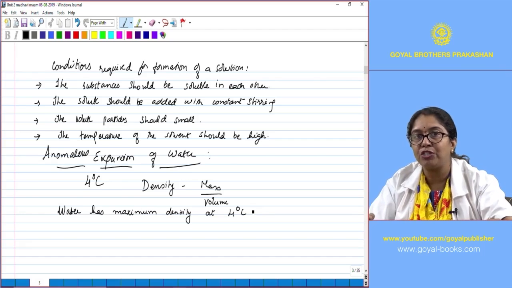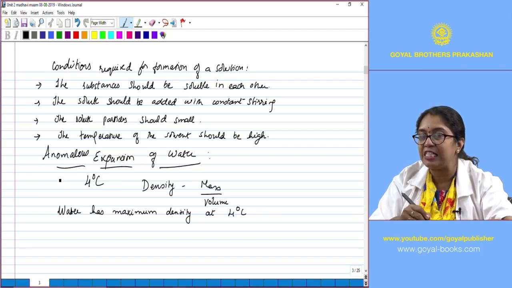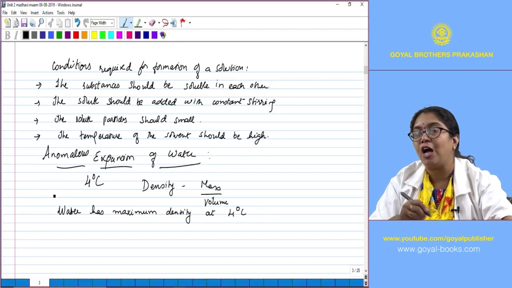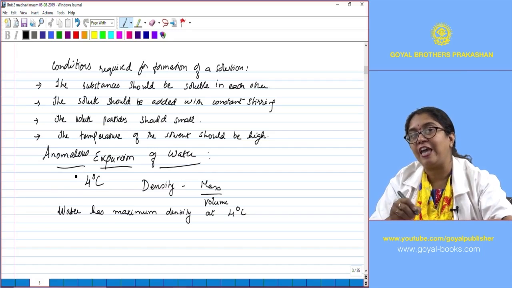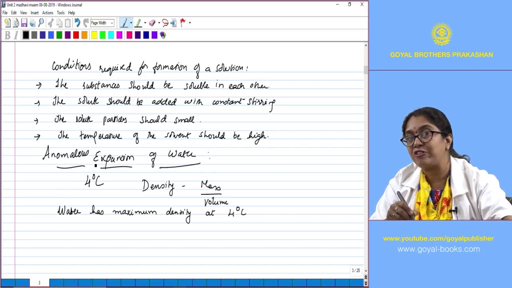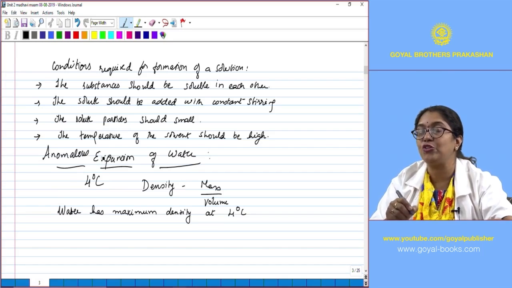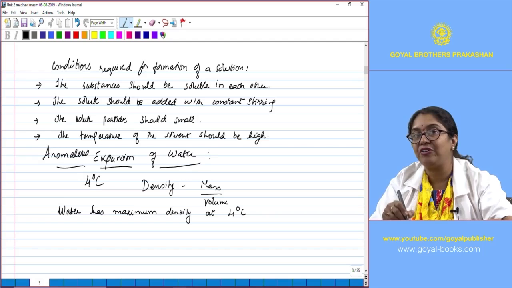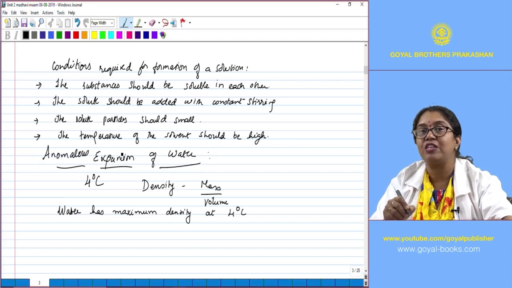When you cool water below 4 degrees Celsius, the volume is going to increase, so the density is going to decrease. If you heat water above 4 degrees Celsius, again the volume will increase because matter is going to expand and density is going to decrease. So water has maximum density at 4 degrees Celsius.